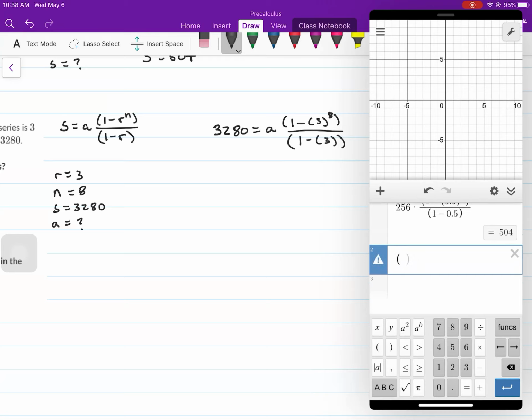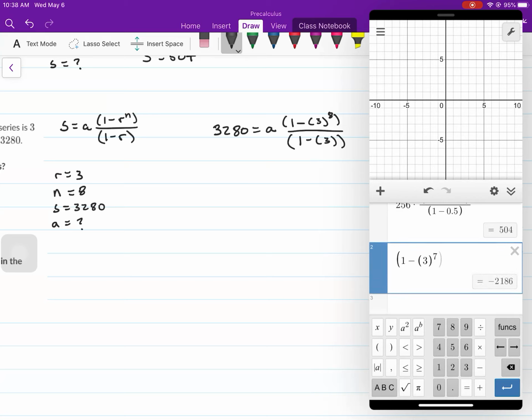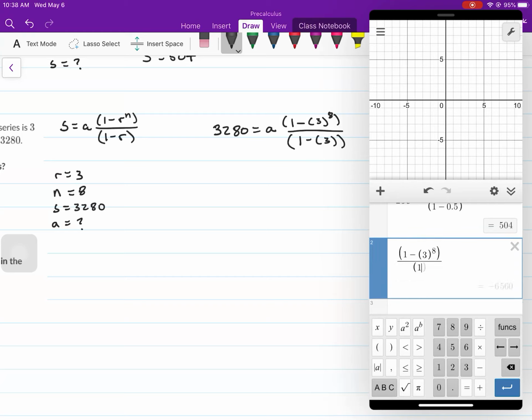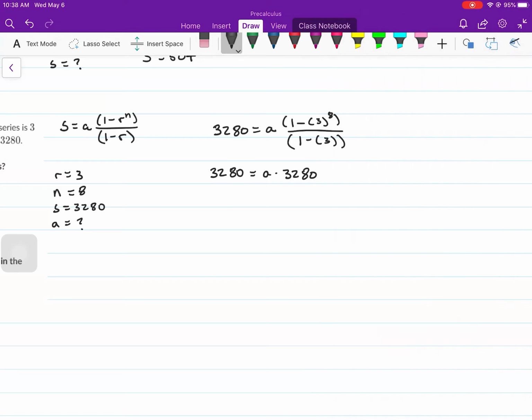So I'm going to have 1 minus 3 to the 8 divided by 1 minus 3. And I got 3280. And so how do we solve for a? Well, we're going to go ahead and divide. And I got that a equals 1.